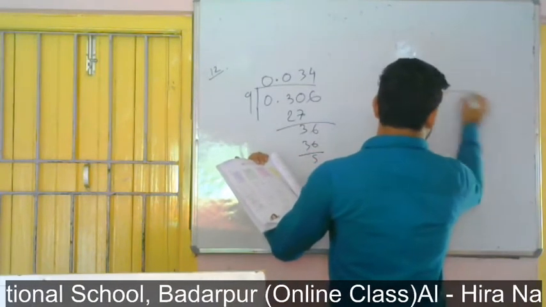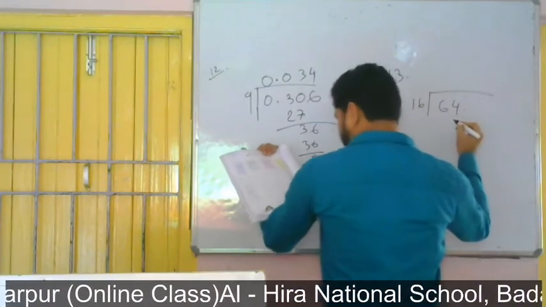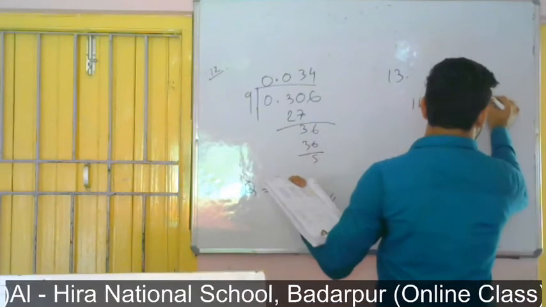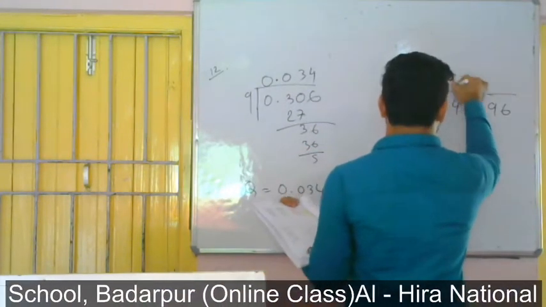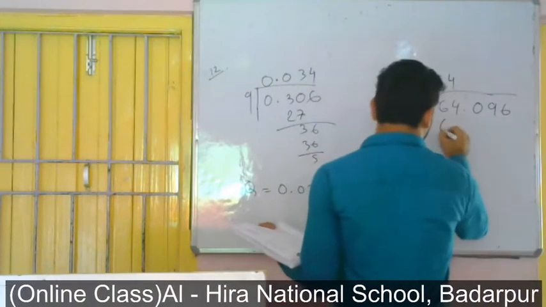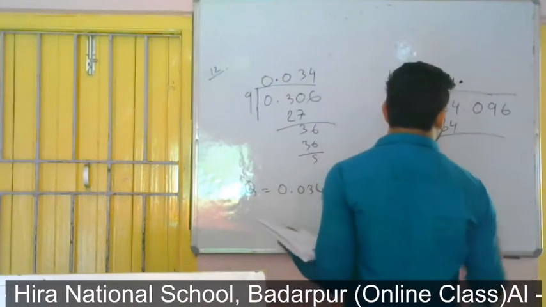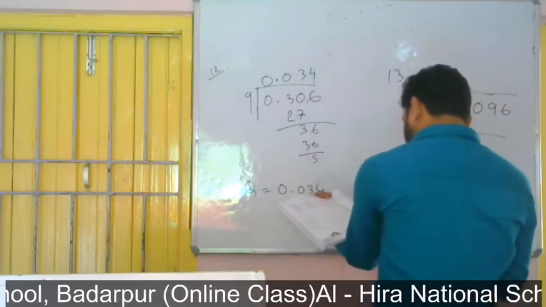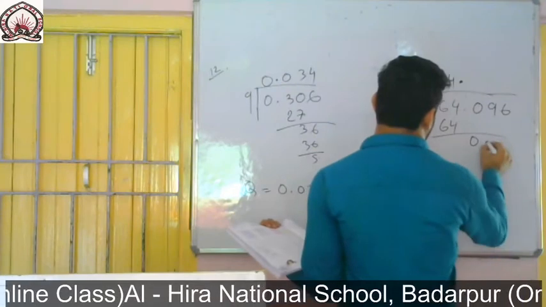Now come to 13. 16 divided by 64.096. So 4 16s are 64. After that we are getting point, so we'll put point. Then 0, it is not divisible. 0, it is not divisible, so we'll take 9.